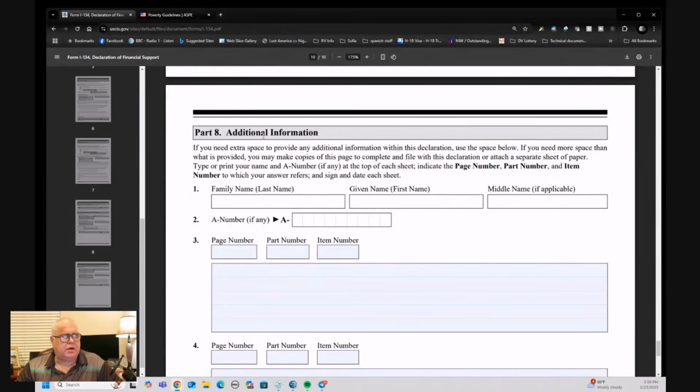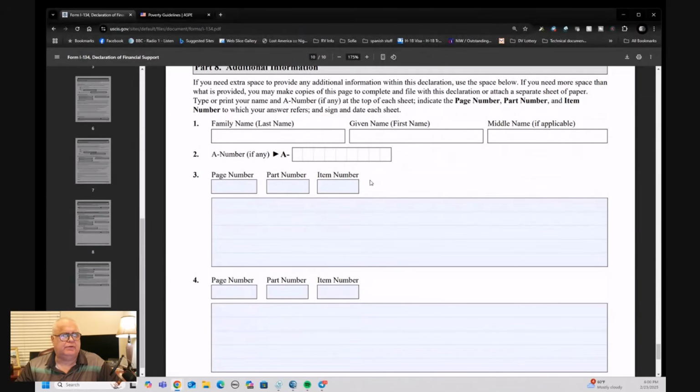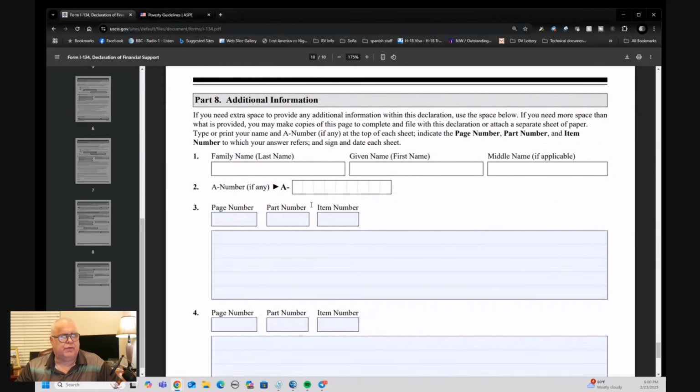And then part 8 is for additional information. This is simply where you can add the basic information here for the form, and then add additional information. If, for example, you have more derivative children than you had space to list, you would add those additional derivative names, the people that you support.